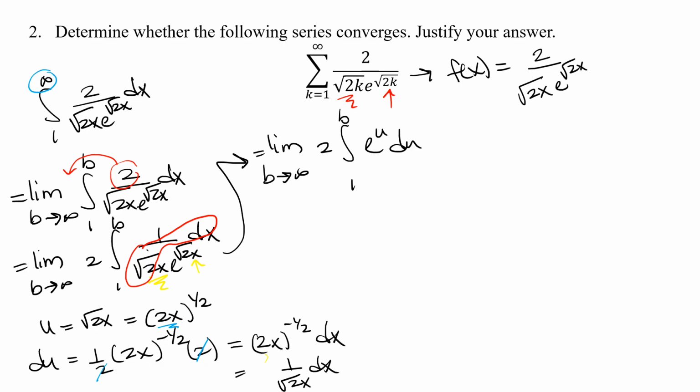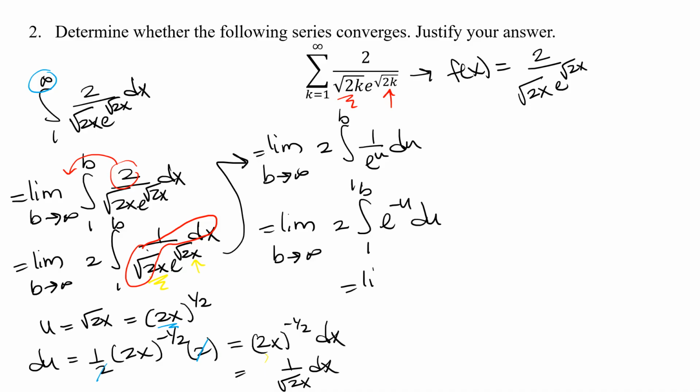Since the e to the u is in the denominator, keeping the limit in the front, we can rewrite this as e to the negative u du.